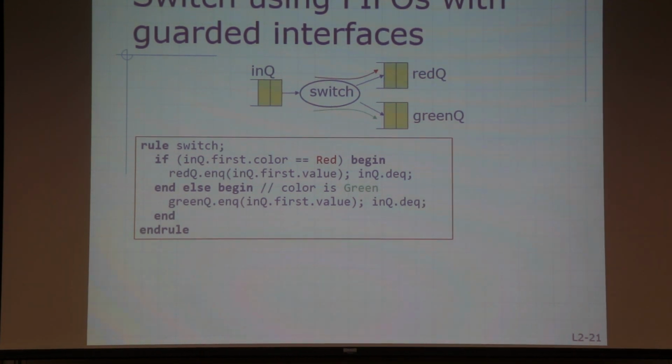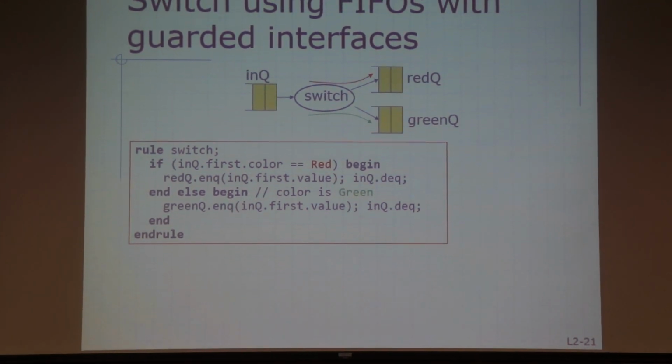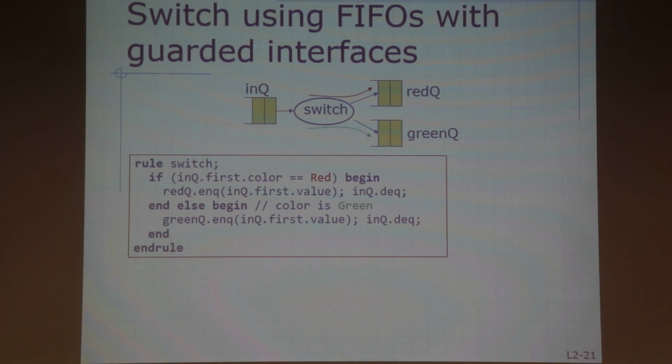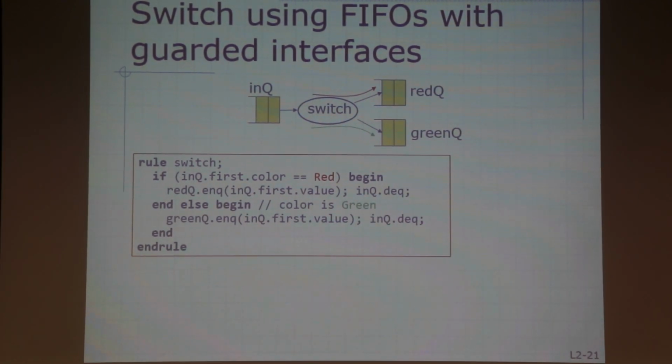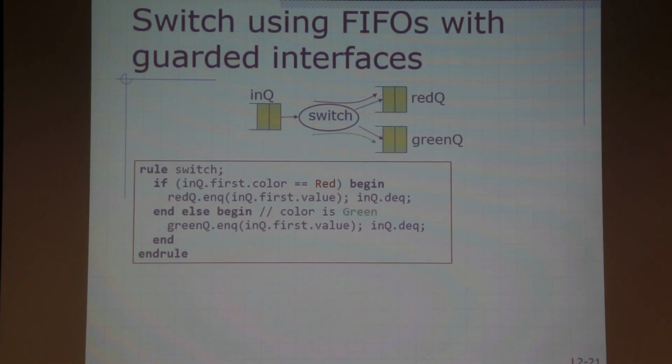Let me do one more example, a very simple example. As the diagram implies, what am I trying to do? I have some input queue from where values are coming, and I want to send the red tokens to the red queue and green tokens to the green queue. Does this program make sense? What is it saying?